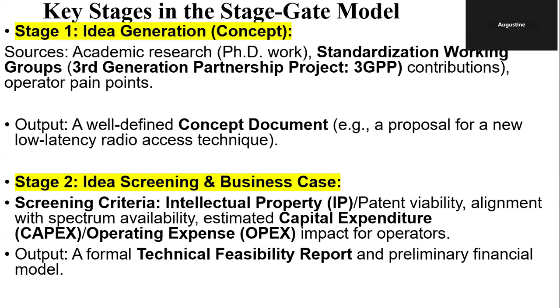So we can think of the 3GPP, the third generation partnership project, which is responsible for coming out with best practices to regulate the rollout of 3G, 4G, 5G, and these days, 6G regulations, right?